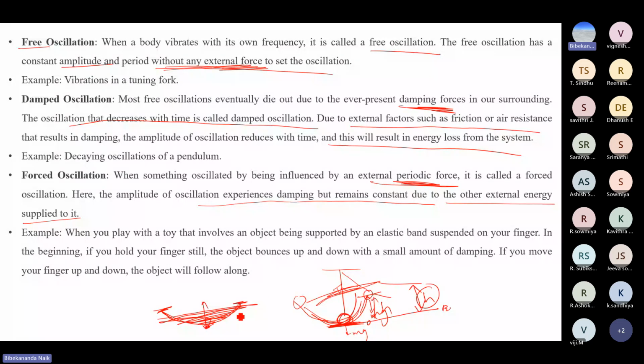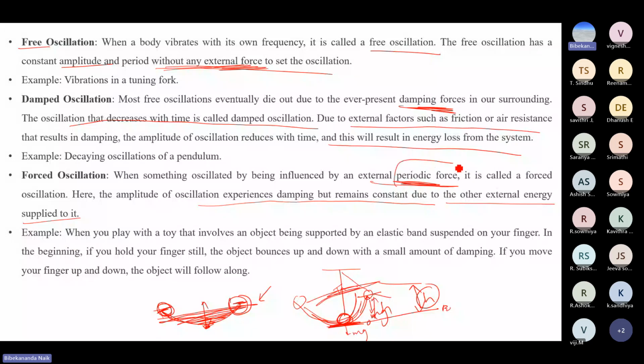But if, when the pendulum is here, we apply some force so that without any decrease in its amplitude the pendulum comes here, then again, due to the damping nature or friction of air, the amplitude decreases. We will again be applying some force. So there is a periodic force which helps in maintaining the constant amplitude.